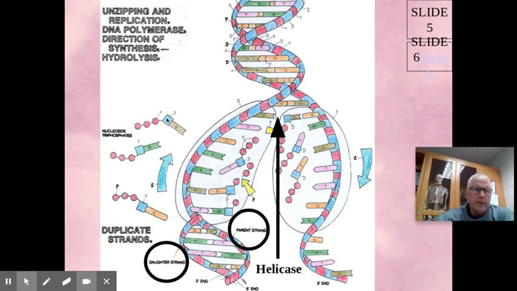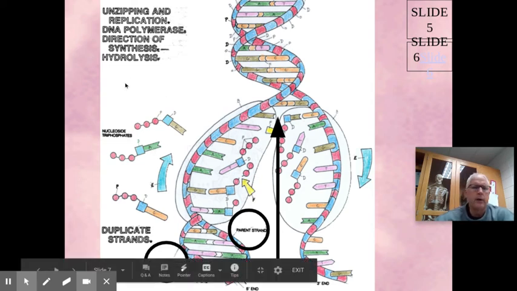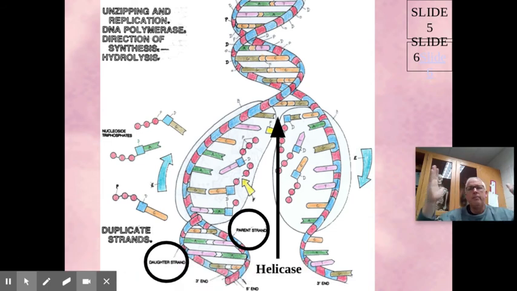These little pieces, you see them over here, they're floating around. There's a phosphate, a deoxyribose in this case, and guanine, adenine, cytosine. There should be a thymine floating around somewhere. And they're just waiting. And as soon as I unzip that DNA, they're going to find their complementary base.